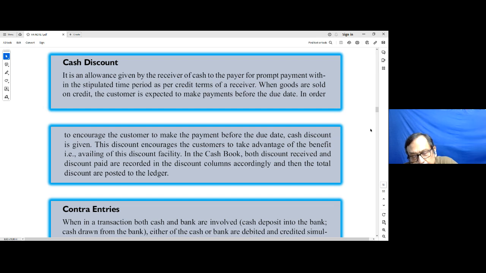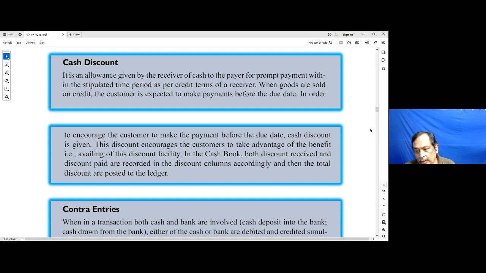Usually what happens is when the goods are sold on credit, we pass the entry customer account debit to sales, and there is a payment term or fixed period, maybe 15 days, maybe 1 month, maybe 2 months. This credit period is allowed by the business to the customers.